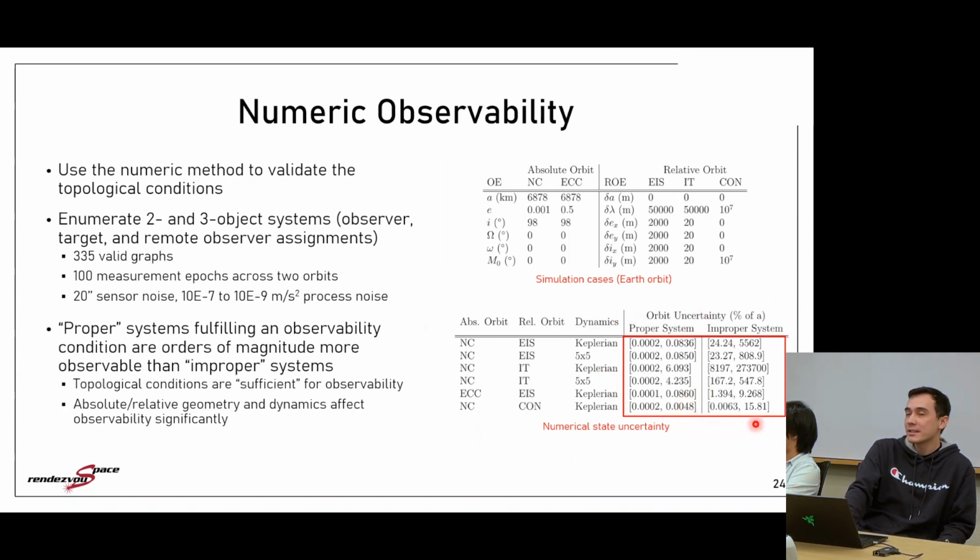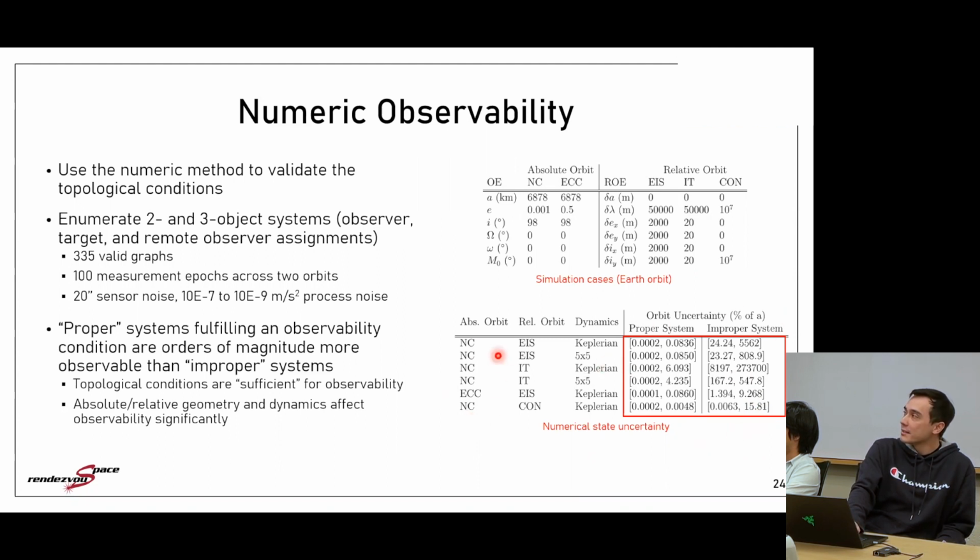And what we can see is that these proper systems which fulfill one condition or more are basically orders of magnitude more observable than improper systems which don't, which I guess suggests that these graph conditions are sufficient for observability and are a good way of doing this kind of simplified analysis.